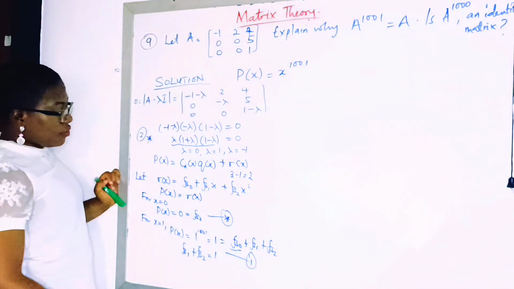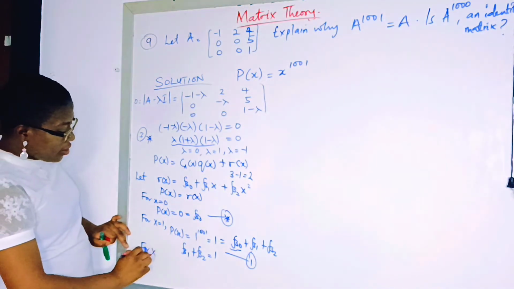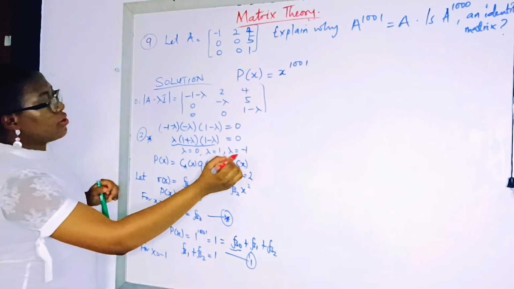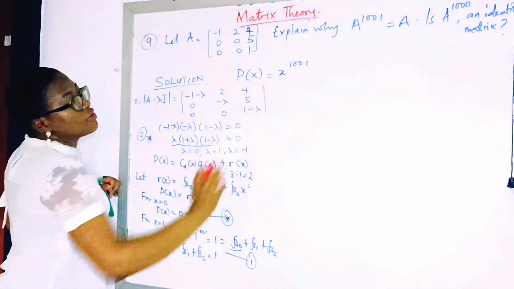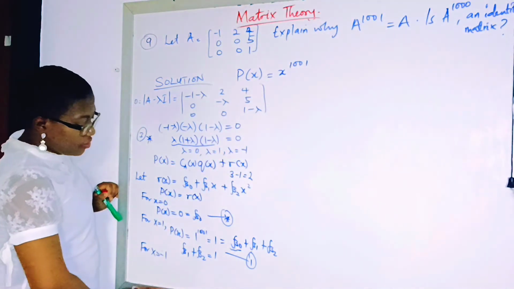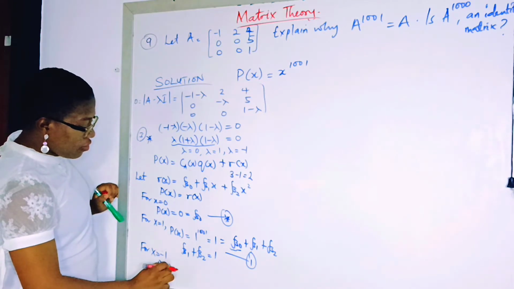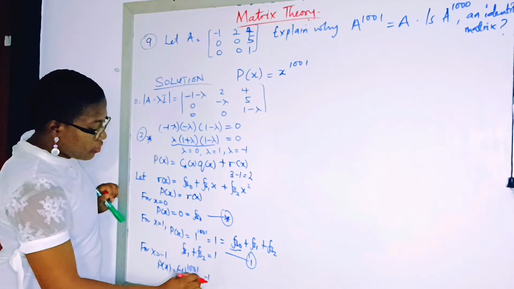Now for x equal to minus 1, what do we have? We have minus 1 raised to the power 1001. It's still minus 1 because the power is odd. So p of x is equal to minus 1.